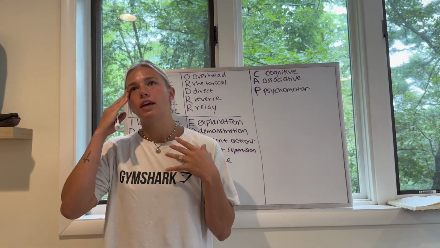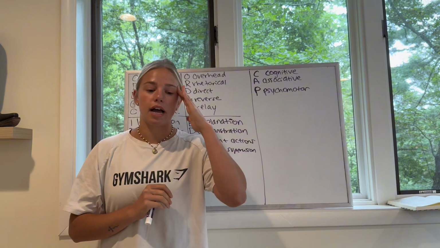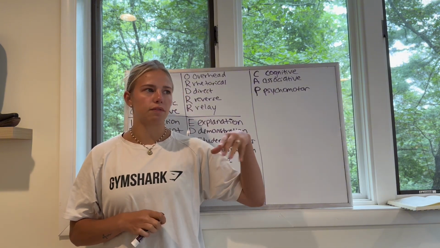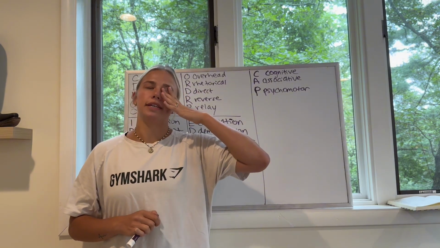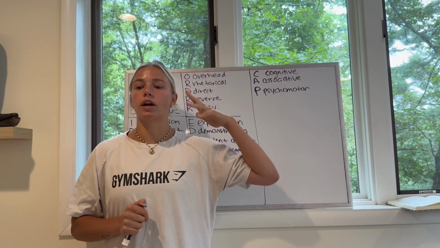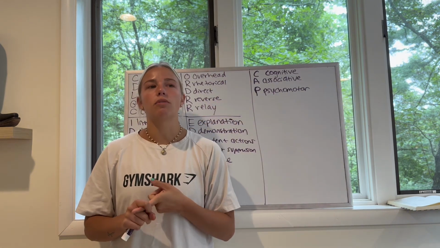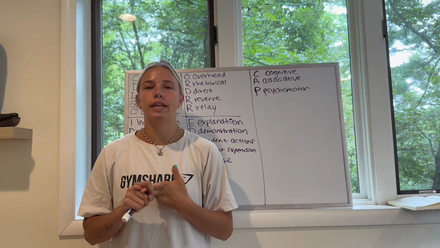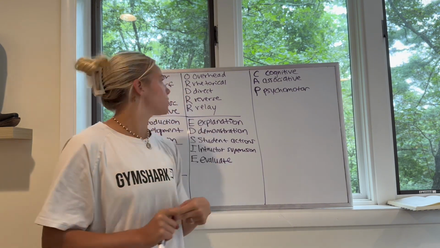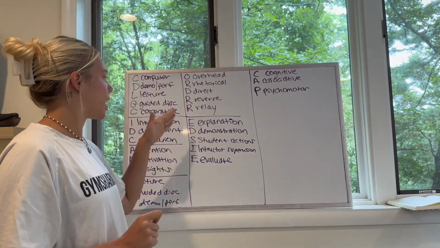Even if it's just you telling yourself CDL is that license you need to drive larger vehicles, and GC's group chat. And then when you hear, okay, what are the styles of learning? You'll be like, oh yeah, CDL and group chat. So CDL, GC, and that stands for computer, demo performance, lecture, guided discussion, and cooperative.